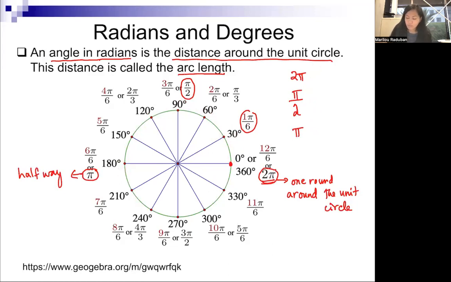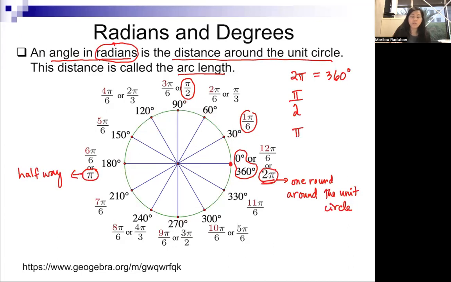So the distance is measured in terms of pi in radians, but we can also measure the distance in terms of angles in degrees. Here you can also see angles. 0 degrees is the reference point, but when you go around the circle, 0 degrees is also equal to 360 degrees. From that relationship, you can see 2 pi is equal to 360 degrees.